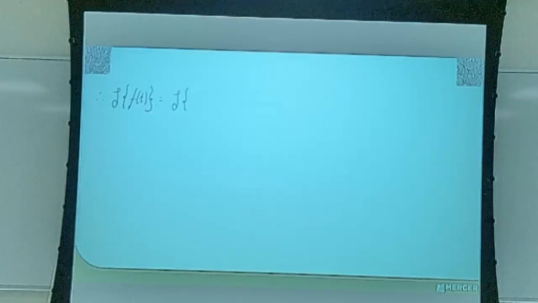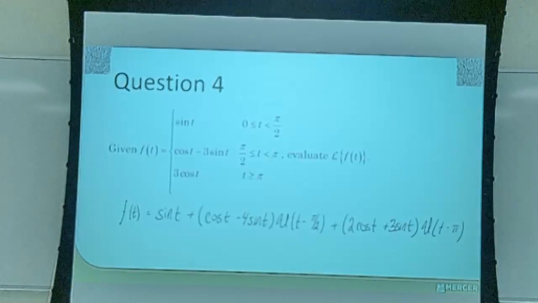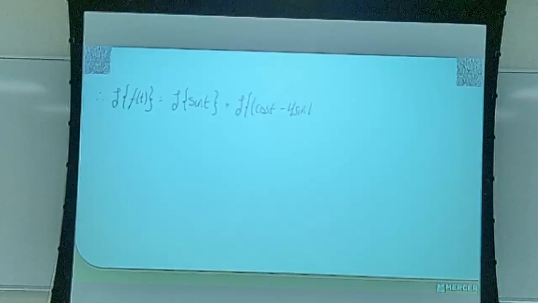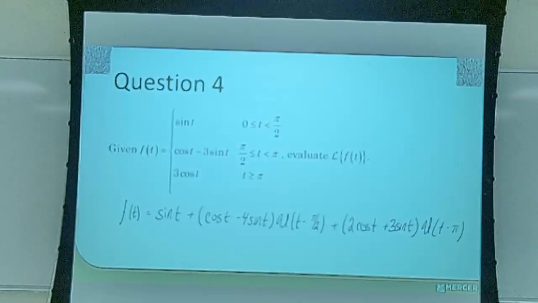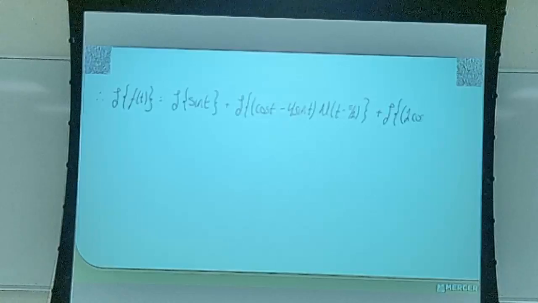What was that first piece? Sine. Plus, sine, no arguments.